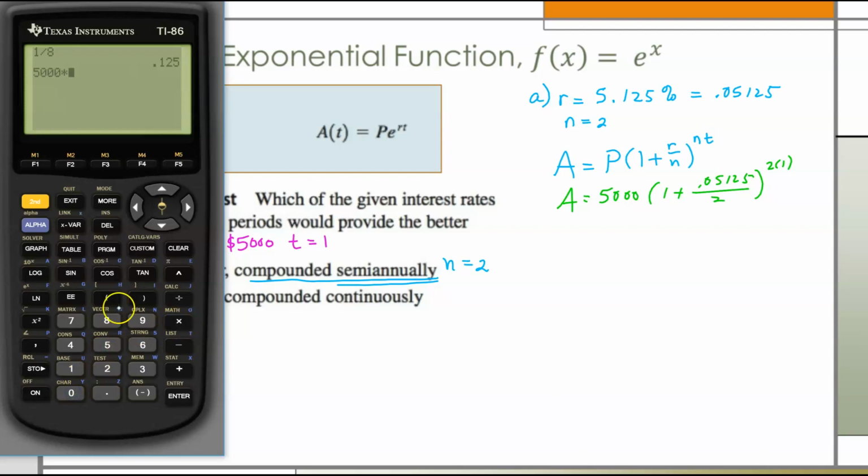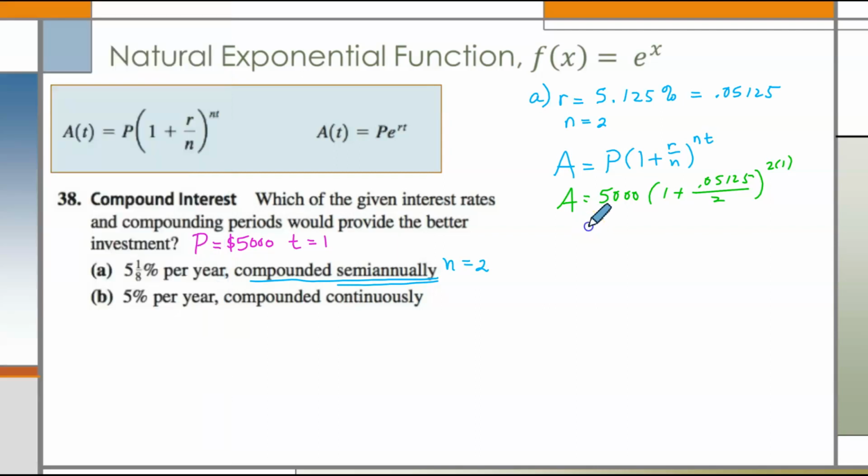We're going to multiply that by 1 plus 0.05125 divided by 2. And then we're going to raise that to the 2 times 1 power. So we're going to end up with 5,259, rounding properly, 53 cents. 5,259.53.